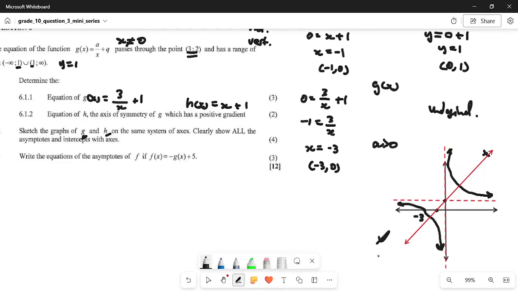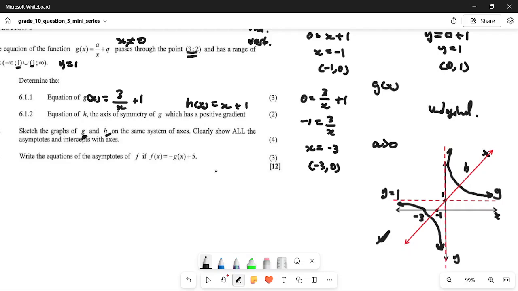So I can now begin to name my points. That's -1, and that's +1. This is our function g, and this is our axis of symmetry h. That's the line y equals 1. That's the x-axis and then the y-axis. So this should be our functions g and h.